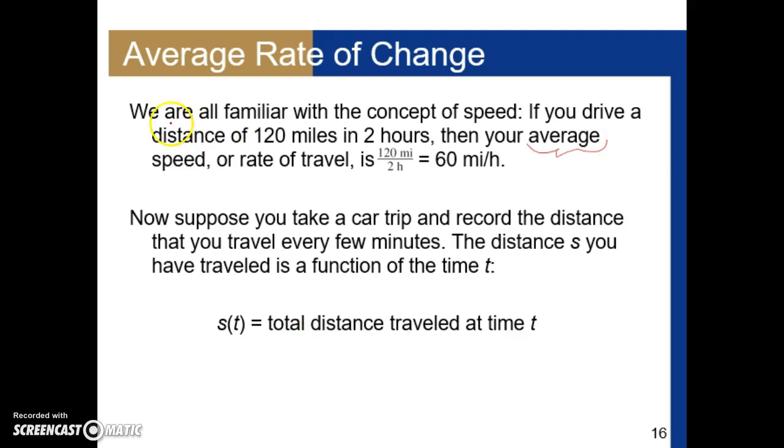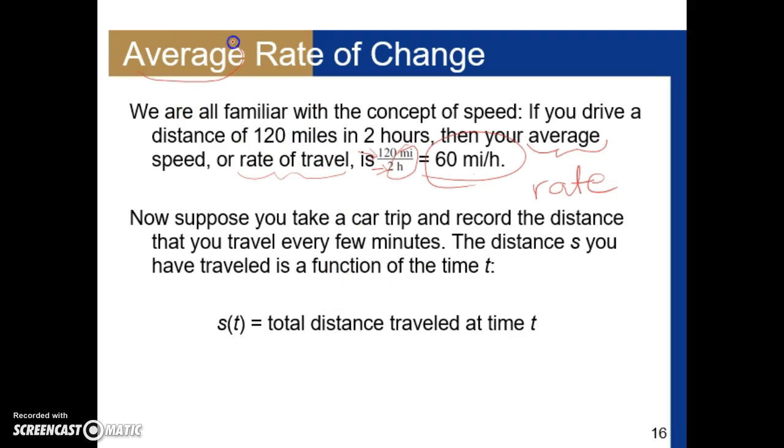So if you drive a distance of 120 miles in 2 hours, then your average speed or average rate of travel, average rate of change of distance, is the amount traveled over the time it took to get there. That's where we get miles per hour, right? Your units help you recognize that you're dealing with a rate of change.